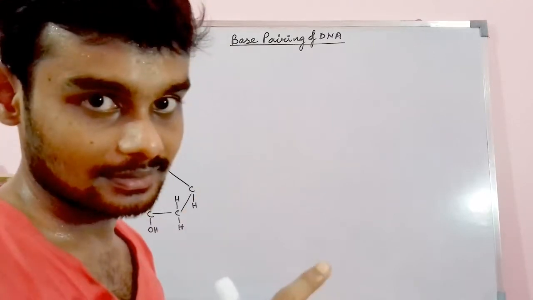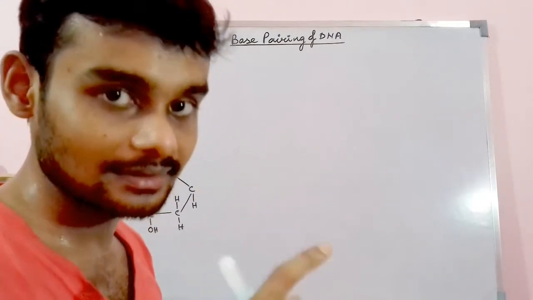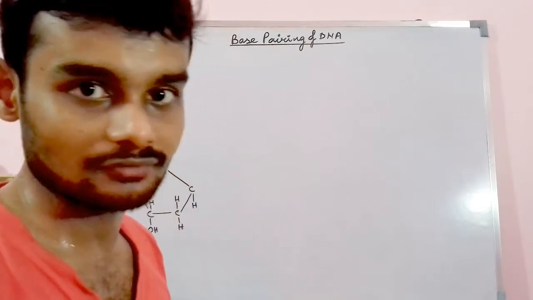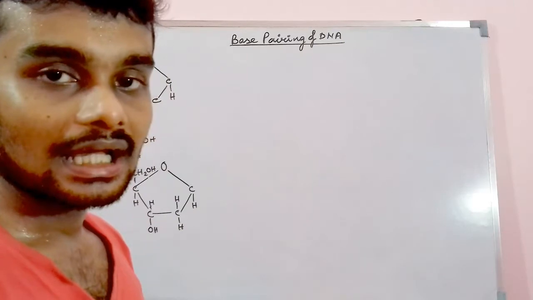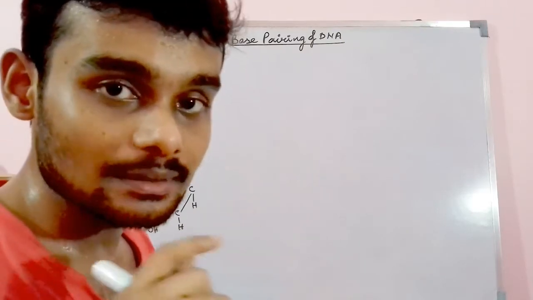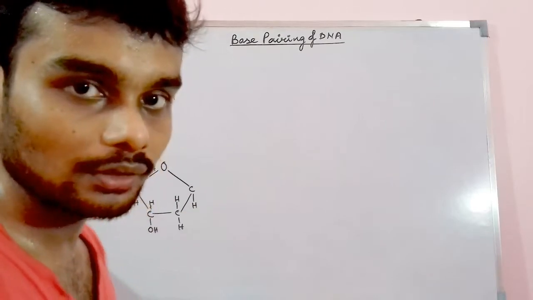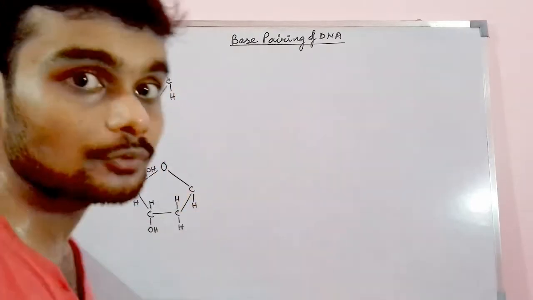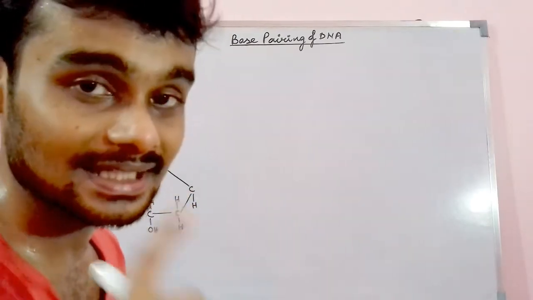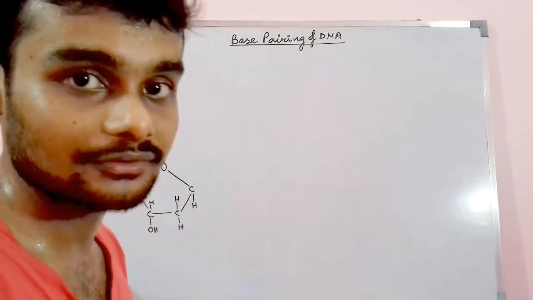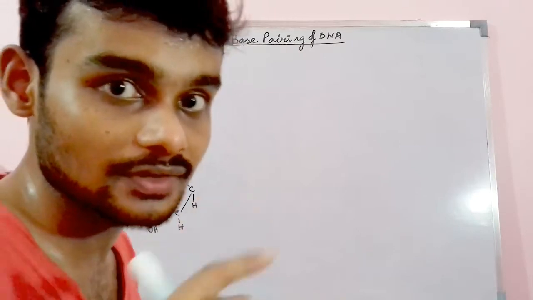The nitrogen present at the ninth position of the ring forms the bond called the N-glycosidic bond with the first carbon of the sugar in case of the purine base, the ninth nitrogen. And in case of pyrimidine, the position of the nitrogen is the first one.